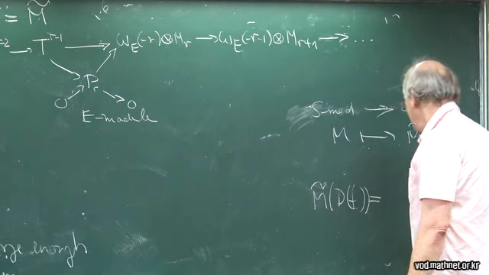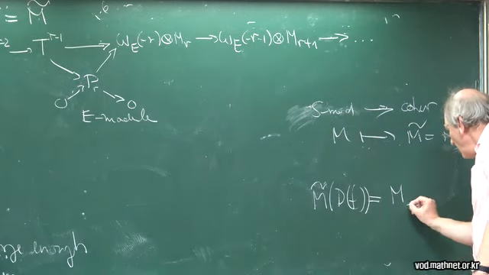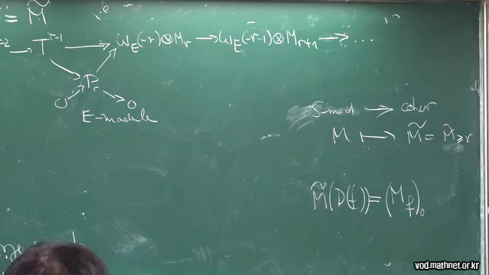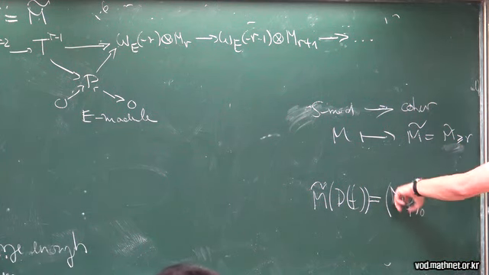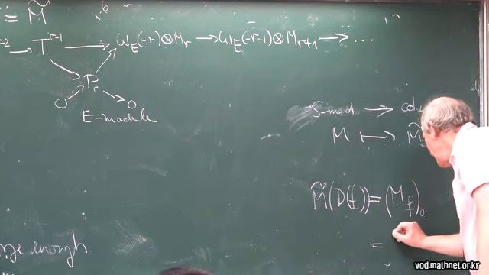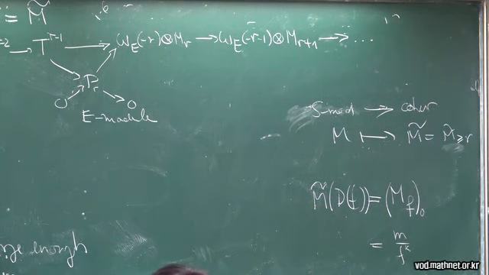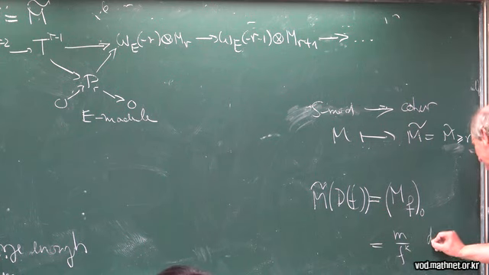Well, these are the elements of M localized by f in degree 0. So these are fractions m over f to the k, with the degree of m equal to the degree of f^k.